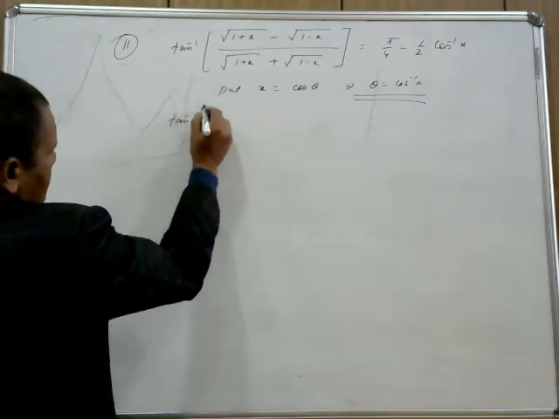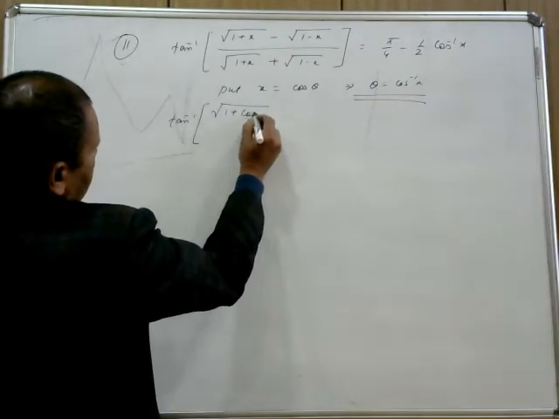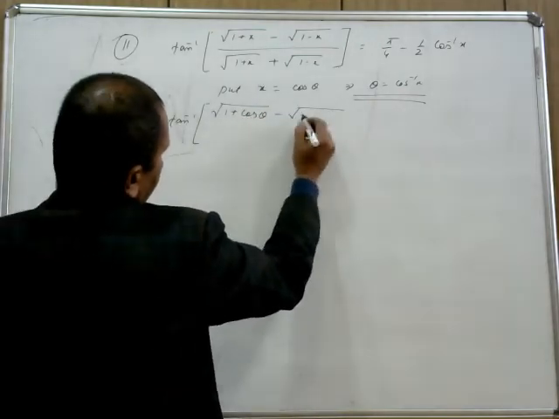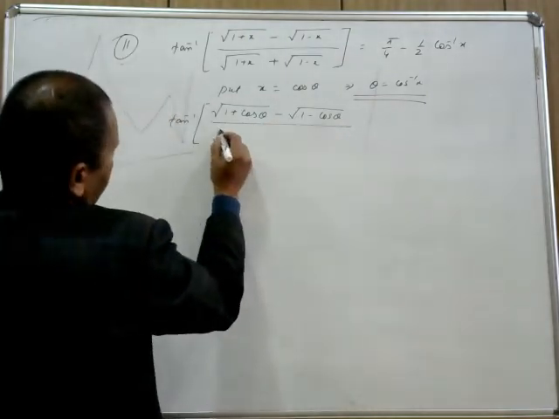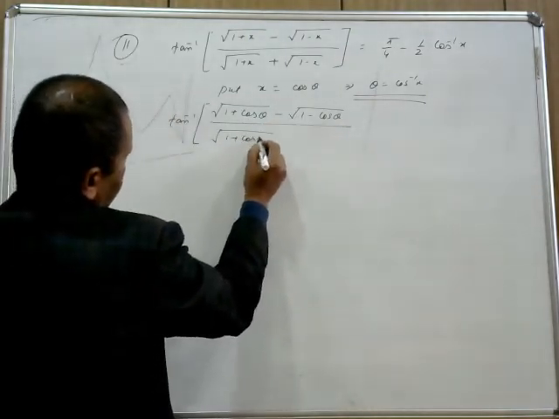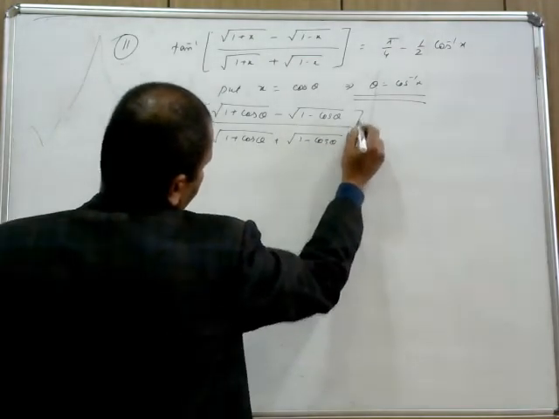Here, if I put x equal to cos theta, what will I get? Tan inverse of under root 1 plus cos theta minus under root 1 minus cos theta, whole divided by under root 1 plus cos theta plus under root 1 minus cos theta.